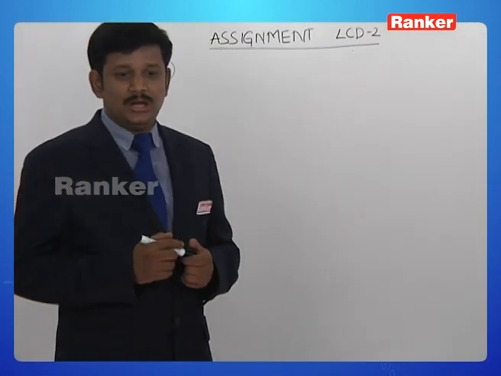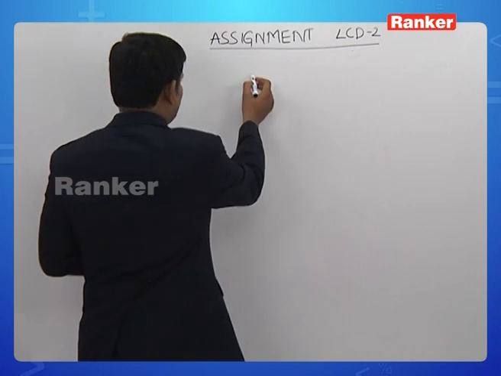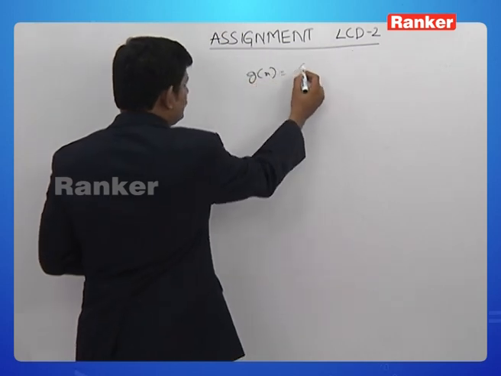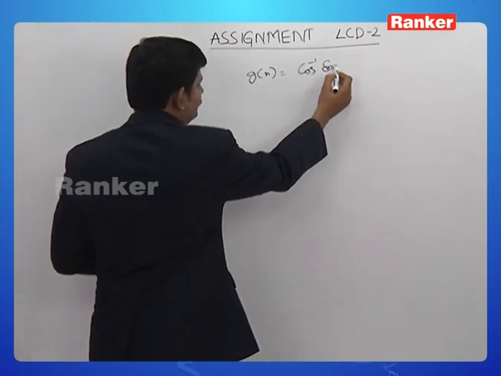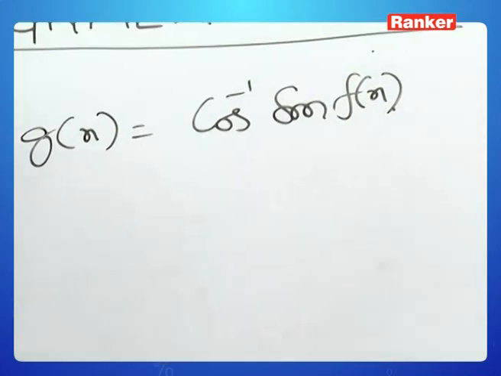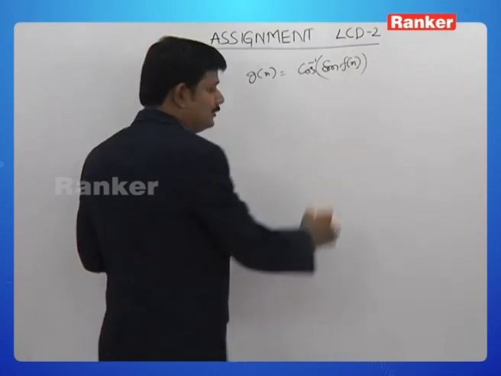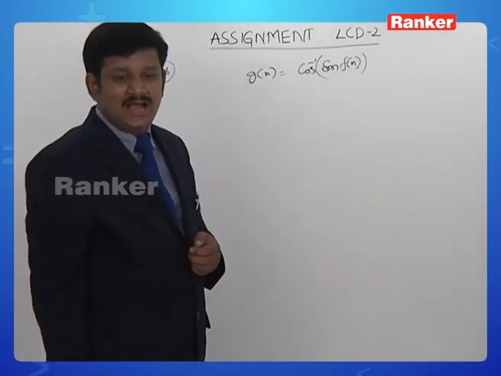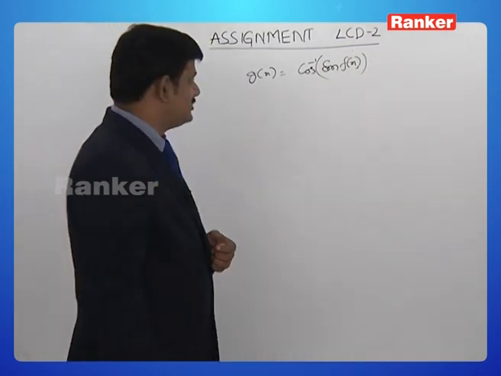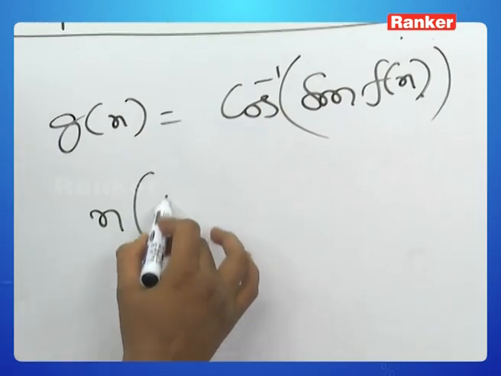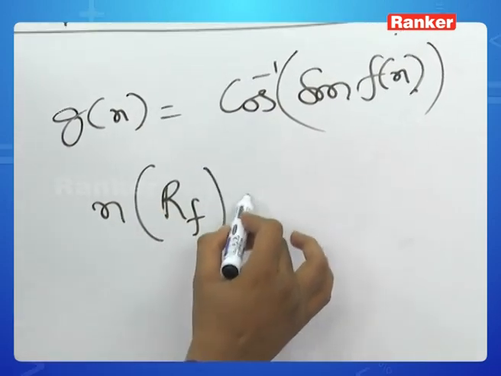g maps R to R, g of x is equal to cos inverse of sine of f of x, and it has exactly 2 points in the range set.